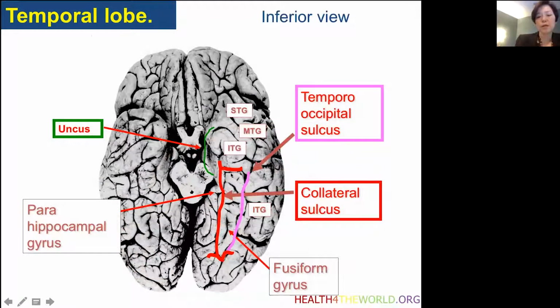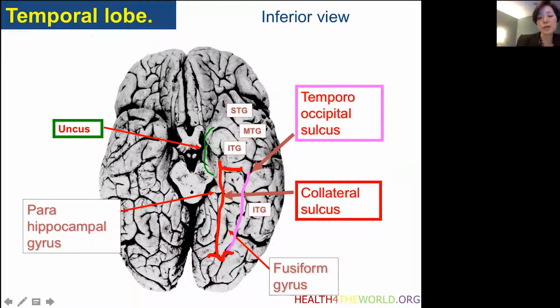So the most inferior surface is called the fusiform gyrus, because this shape is like a fusiform. The most medial aspect is the parahippocampal gyrus, because the hippocampus is sitting on top of this parahippocampal gyrus, right? So superior, middle, inferior temporal gyrus go toward and form the temporal pole, and then the inferior surface is the fusiform and the parahippocampal gyrus.